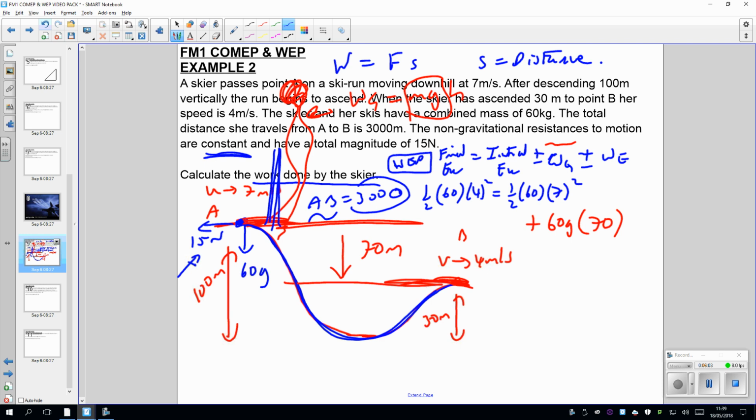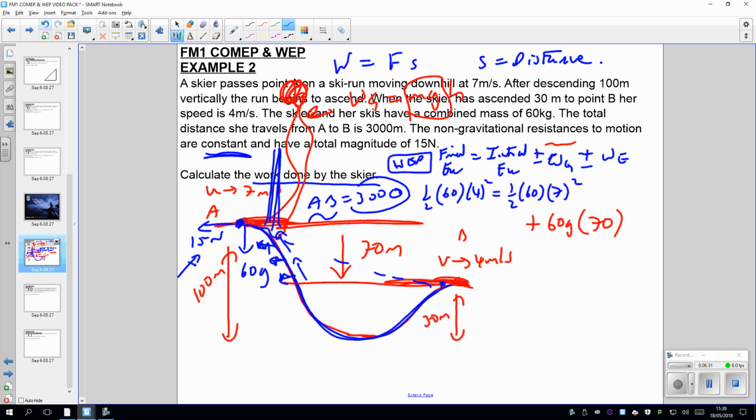But you could argue the displacement is kind of this diagonal line, but that's not really what we're talking about, is it? Because this 15 newton force, remember, is not in this direction. Work done is defined as the distance someone has traveled in the direction of the force acting on it.